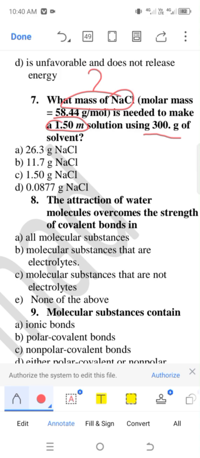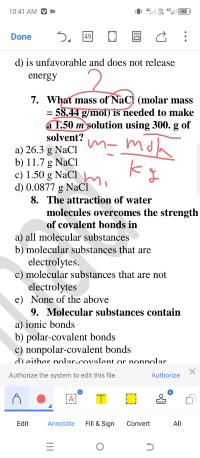Guys, in order to calculate the mass, we have to calculate the mole. So we have this equation: the molality is equal to moles of the solute per kilogram of solvent. So we have the molality and the kilograms, we can find the mole.